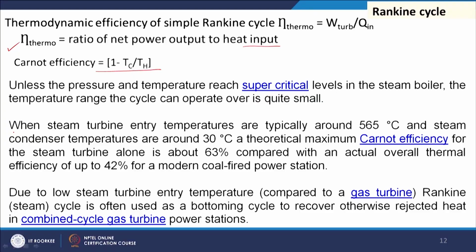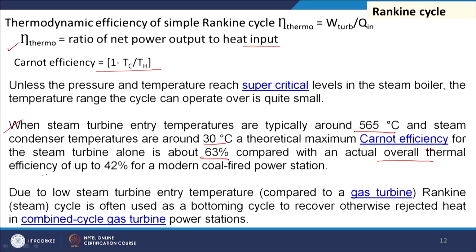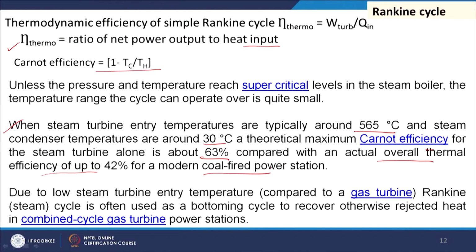That is guided here. If we use a steam turbine, entry temperature is typically around 565 degree centigrade and steam condenser temperatures are around 30 degree centigrade, then Carnot efficiency is 63%, but actually overall thermal efficiency up to 42% is possible with a modern coal fired power station.